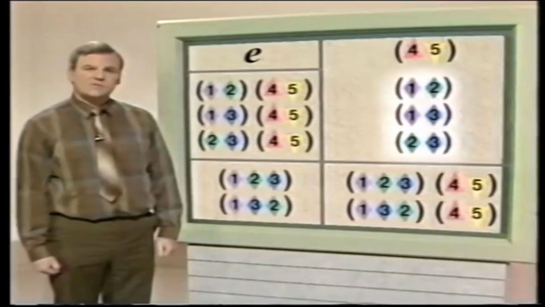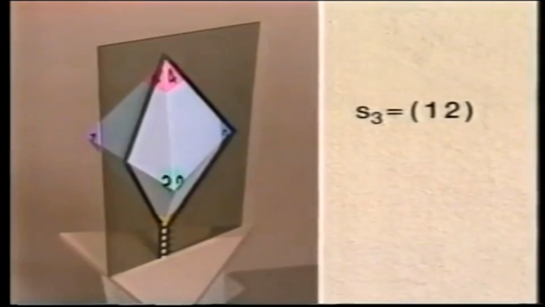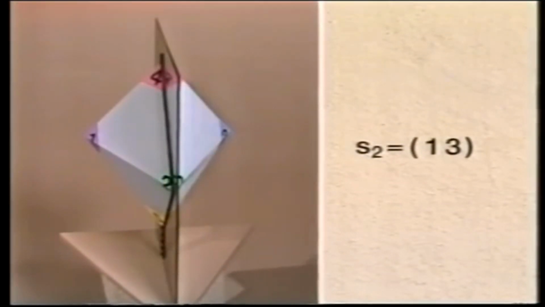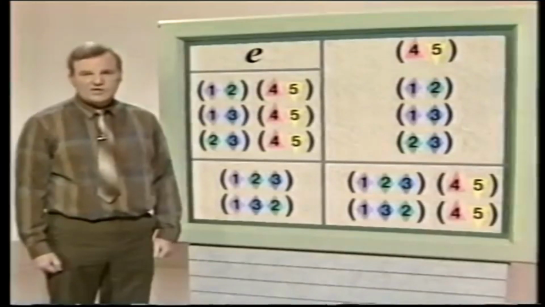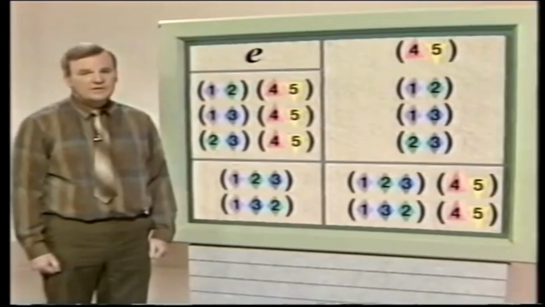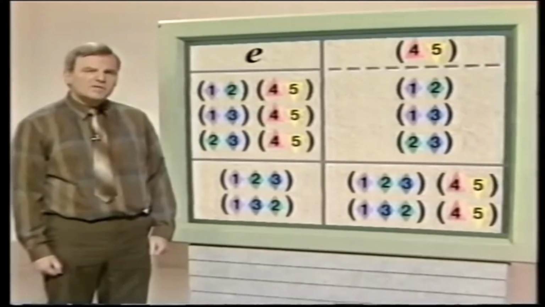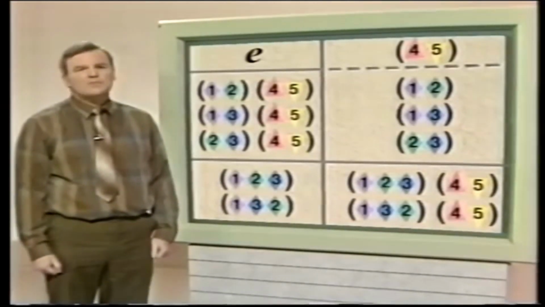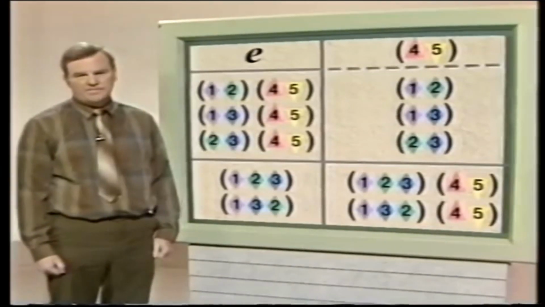But the other 3 transpositions represent reflection in 3 vertical planes. So the first transposition represents a geometrically different type of symmetry from the other 3. So perhaps the element represented by (4 5) is not conjugate to the other 3. Perhaps it's in a separate class of its own, as indicated by the dotted line.